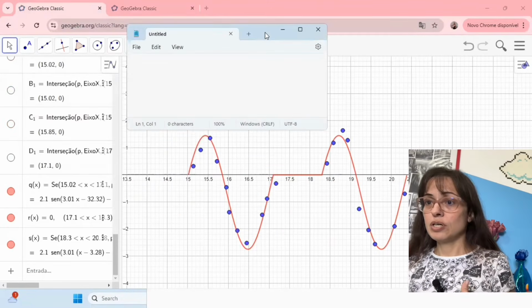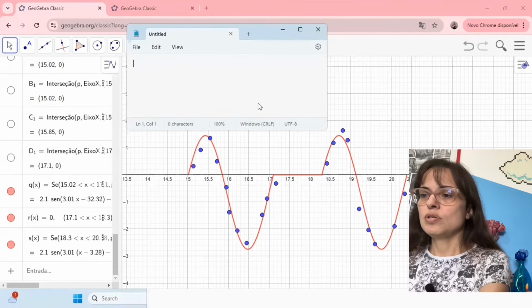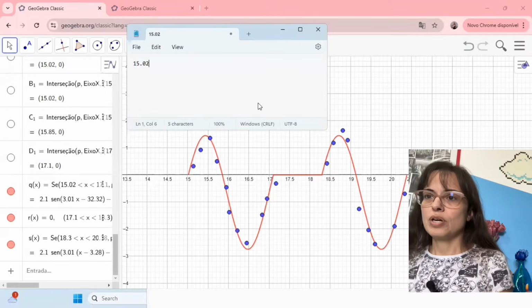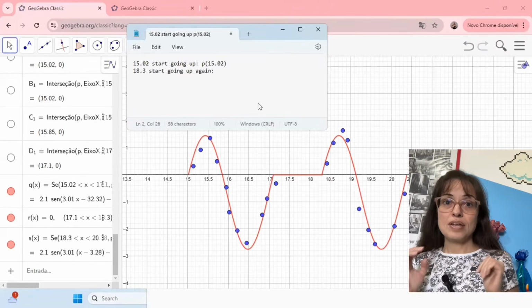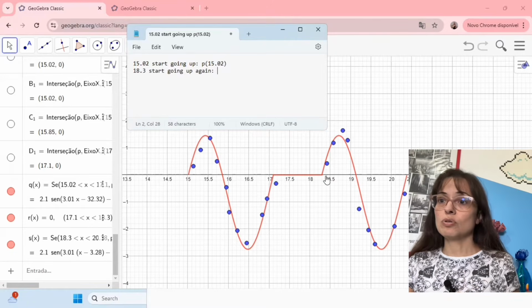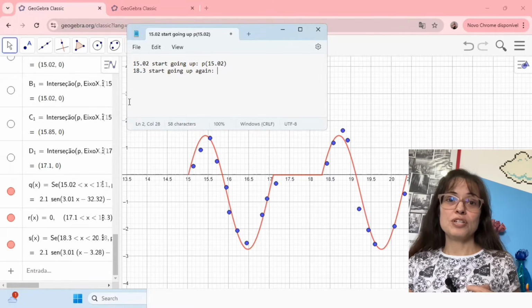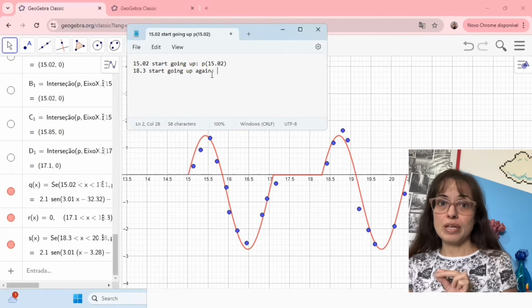Okay, so here are some numbers that I want to write down. 15.02 is where I wanted to start going up. And then at 18.3, which is the beginning of the second loop, it's already started going up and stopped going up and paused, and I wanted to start going up again.